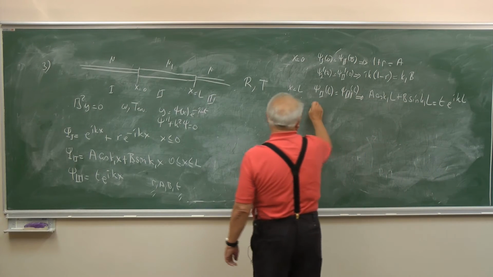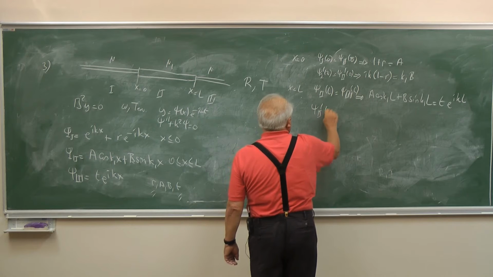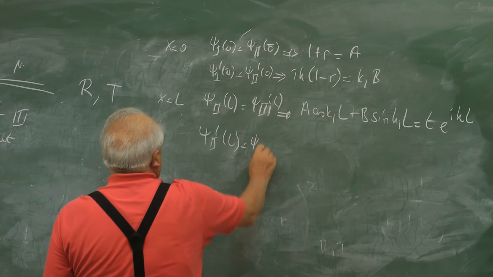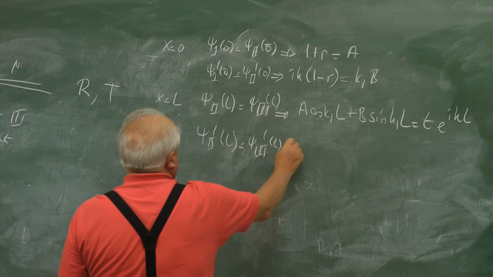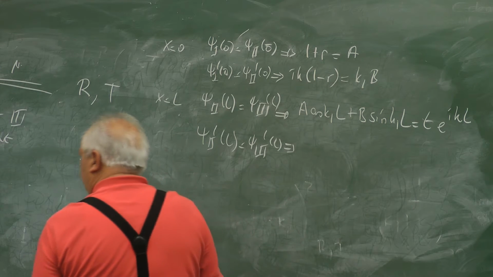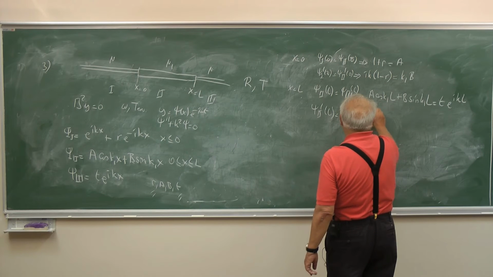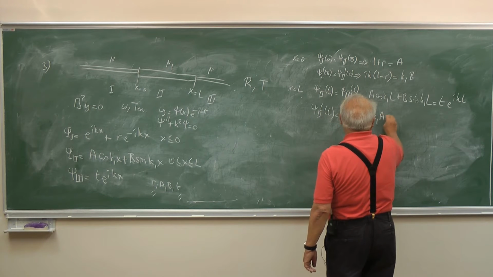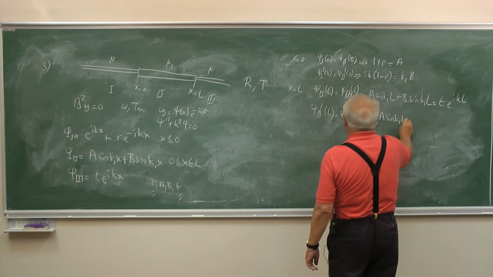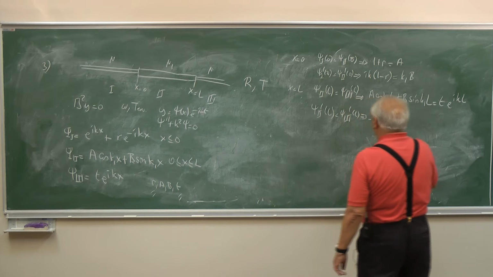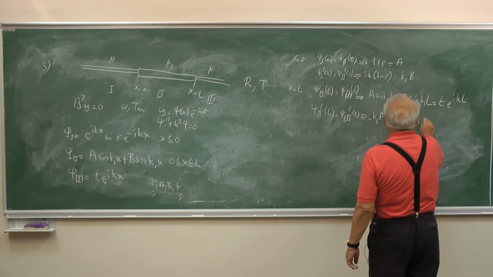And the derivative, psi 2 prime L is equal to psi 3 prime L. This gives me minus k1 a sine k1L plus k1 b cosine k1L.